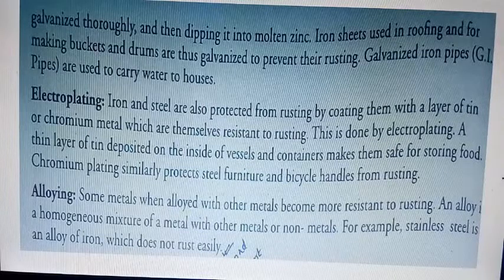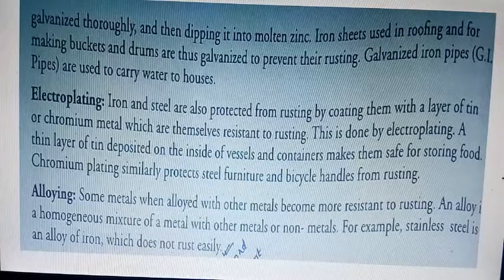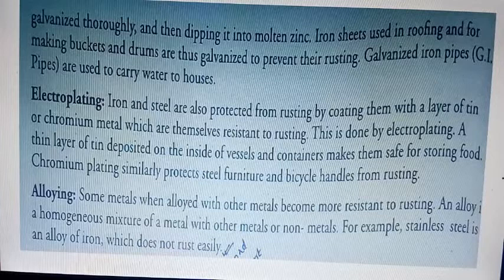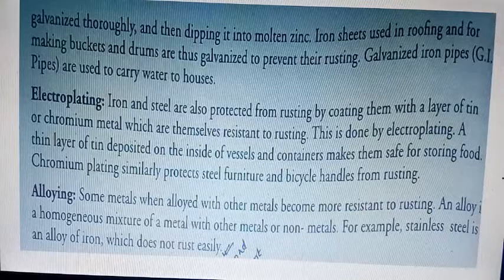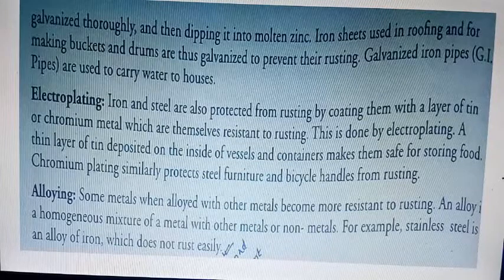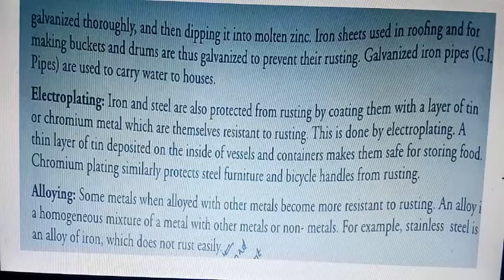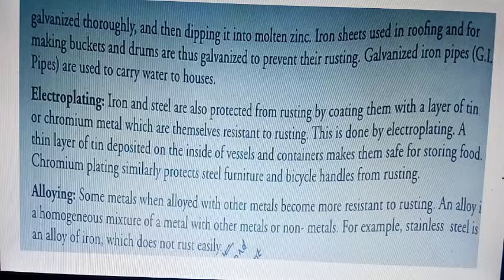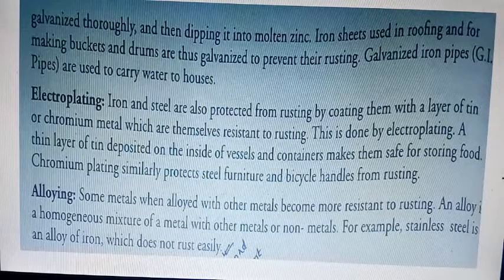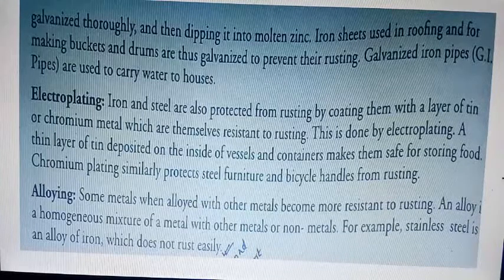Another way of preventing rust is electroplating. This is another process of coating iron and steel products using metals like chromium and tin, which do not get rust and do not generally react with oxygen.